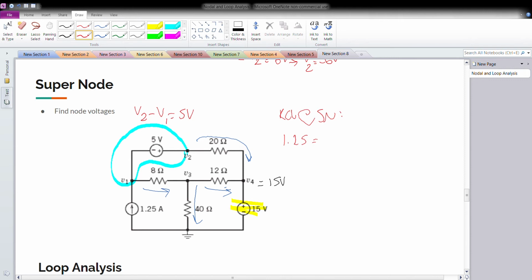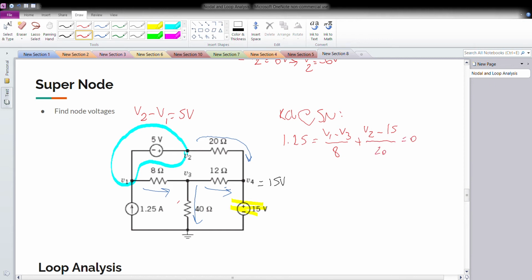It starts at V1, ends at V3. My resistance is 8 ohms. So it's going to be V1 minus V3 divided by 8, plus the one that goes through the 20 ohm, starts at V2, ends at V4. Resistance is 20. So it's going to be initial, which is V2, minus V4. Instead of V4, I'm going to put in 15 because we know that value. Divided by 20.